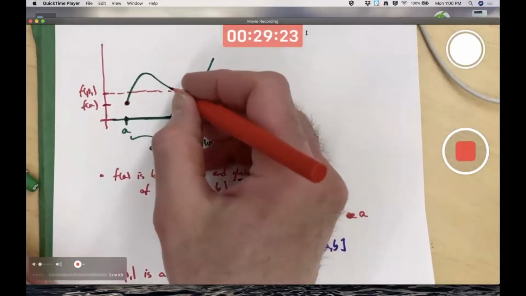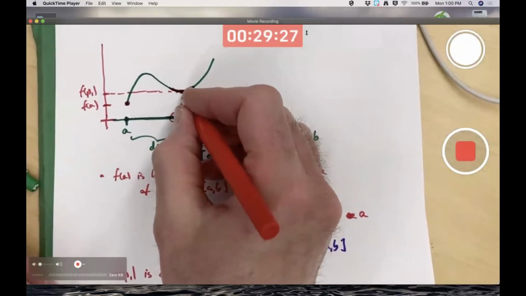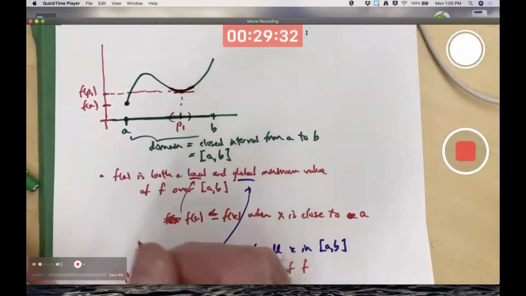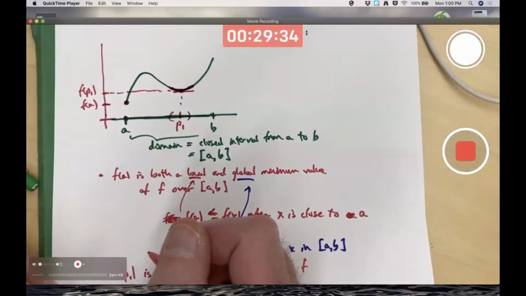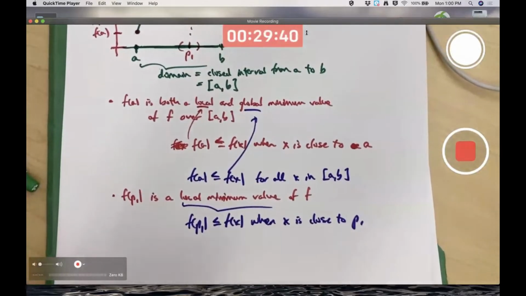The graph is concave up there, for example. And you've got, hey, P1 is a critical point. Look at that. F prime of P1 is 0. It's not an accident. So it has a local minimum value of f, but it's not a global minimum value.